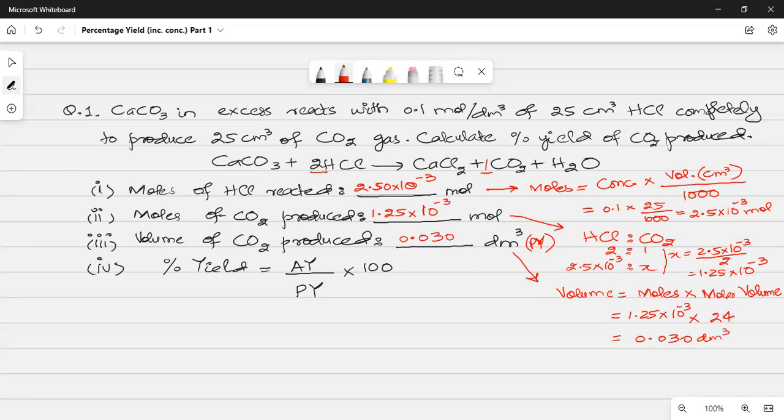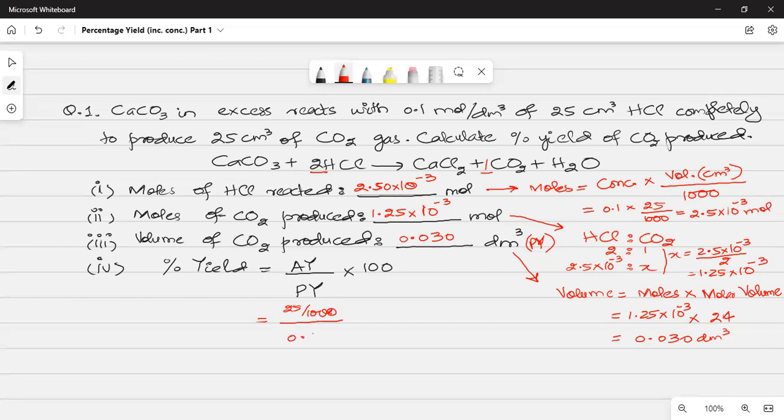Now, for my own ease, I can either convert this 25 into decimeter cube or this 0.03 decimeter cube into centimeter cube. Either one of these should work fine. Okay. So actual yield is 25 cubic centimeter. Of course, I'm going to divide that by 1,000 before I put it over here.